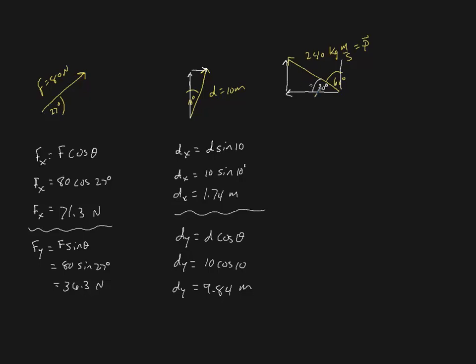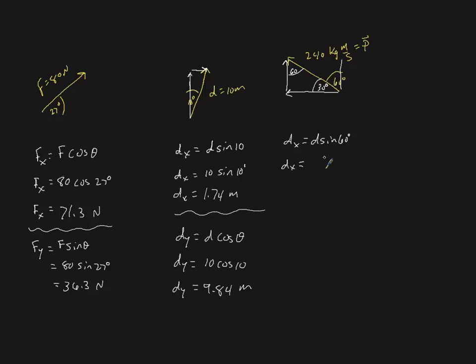So that's 30 degrees. And let's do it using the 60 degrees, which is over here. Okay, so these are alternate interior angles. And so what we get is this. dx is equal to d sine of 60 degrees.